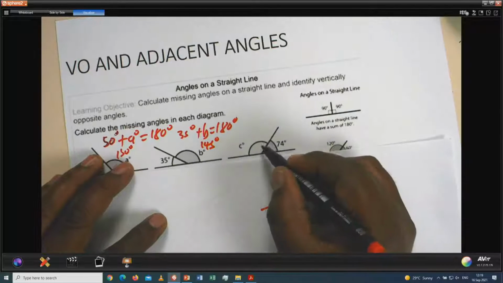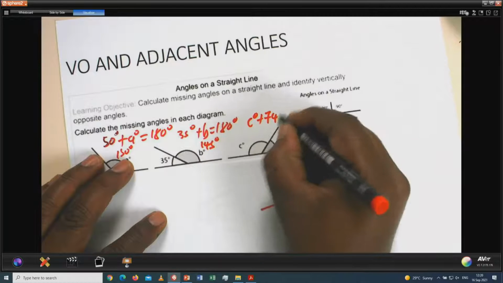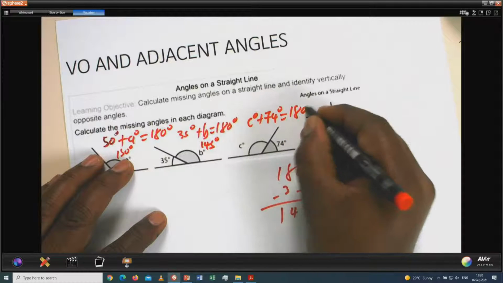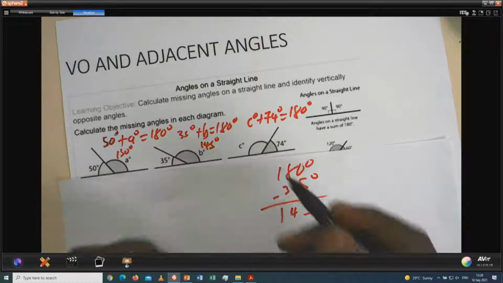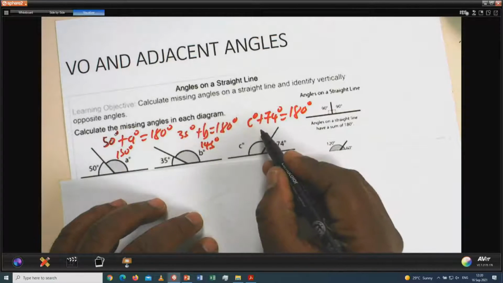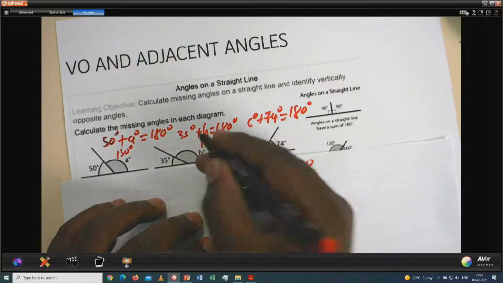Same thing here. How many degrees should you add to 74 to get 180 degrees? Of course, they must give you 180 degrees. Therefore, you would need 106.